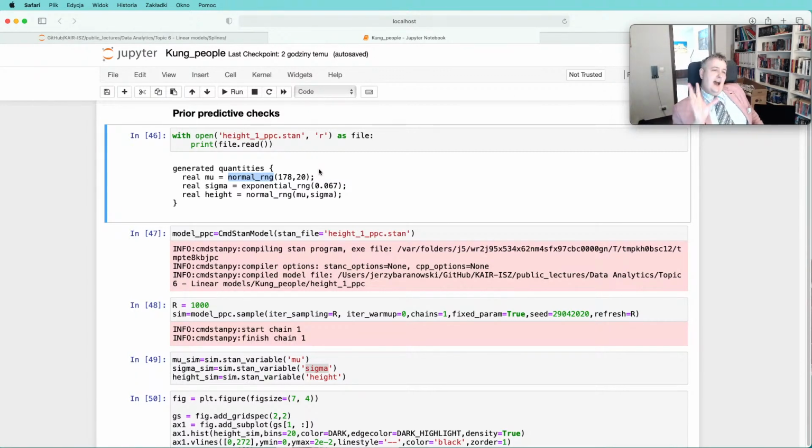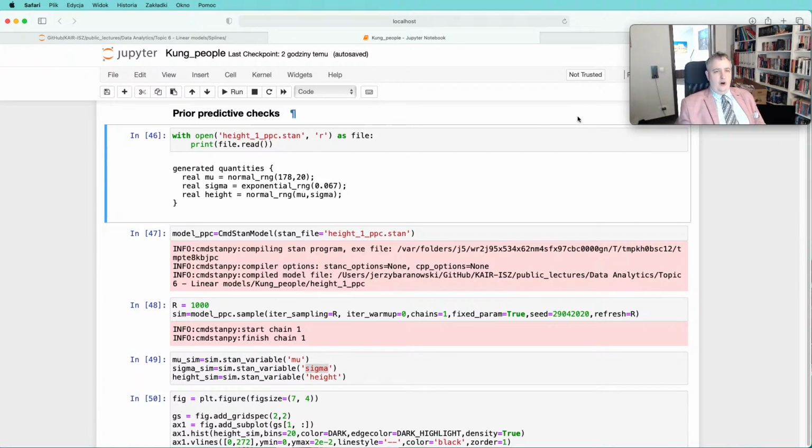But the average height of an adult person is around 178 centimeters, so at least adult male, and we are giving it a wide normal distribution, setting a standard deviation of 20 centimeters. So 95% of our samples will be between 218 and 138. So this is a very wide distribution.